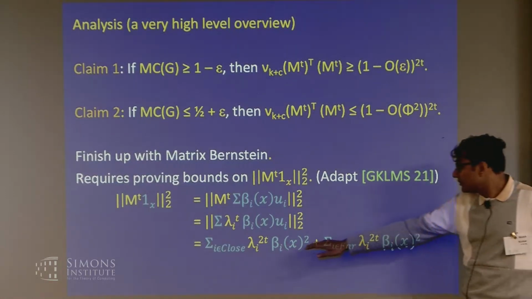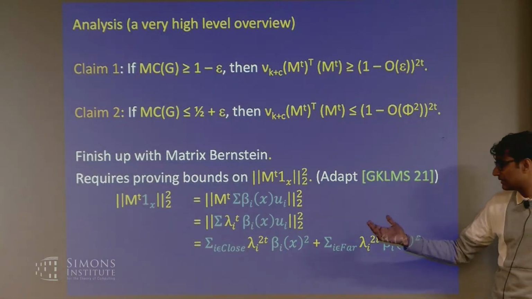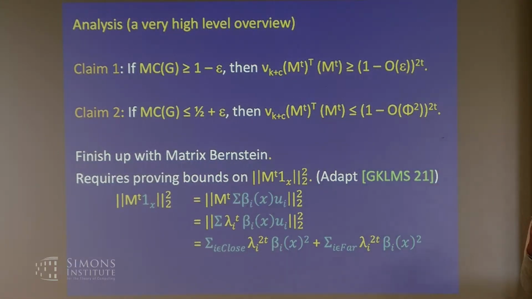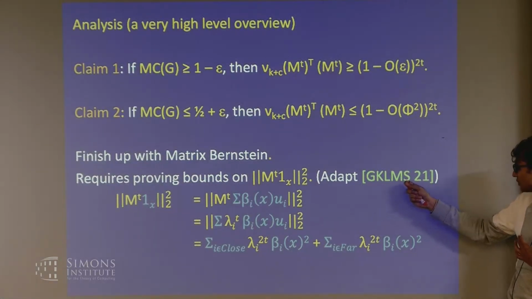And for that term, you can establish some L infinity norm bounds on the eigenvectors. That's a beautiful argument in a paper by Grzegorz Gluch, Michael Kapralov, Silvio Lattanzi, Aida Mousavifar, and Christian Sohler.